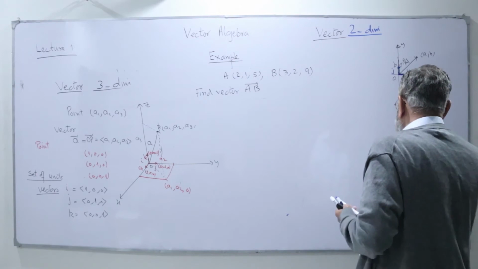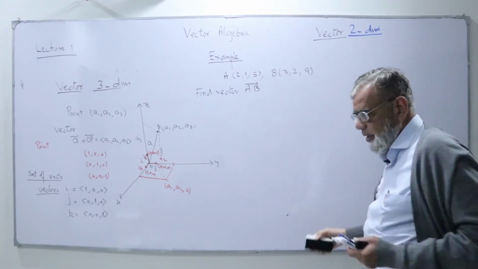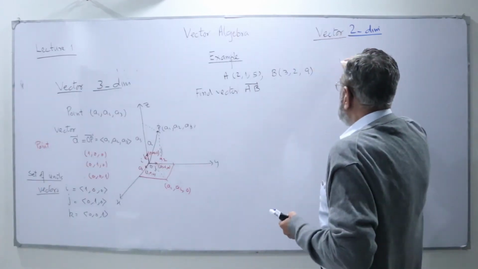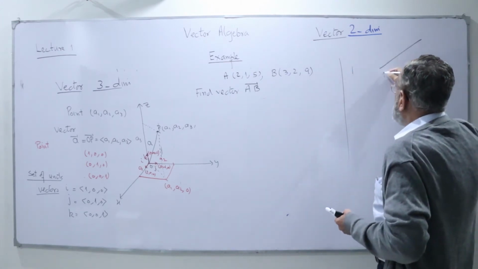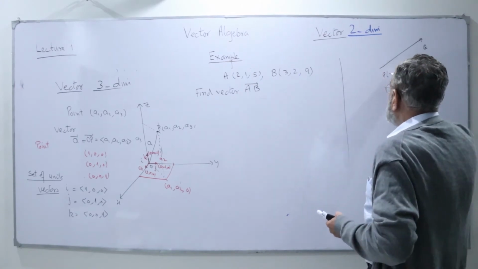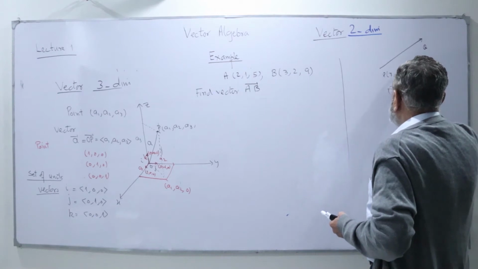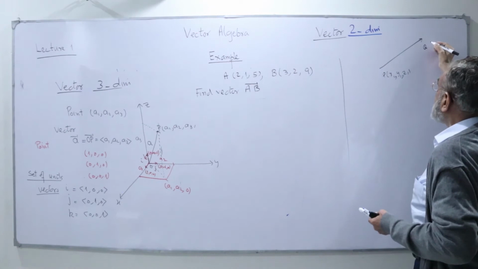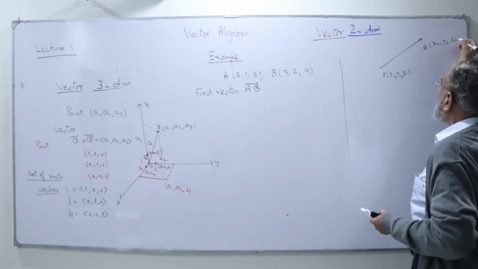So the idea behind this general formula: for example, I have two points in 3 dimensions, point P and point Q. Point P has coordinates x1, y1, z1, and point Q has x2, y2, and z2.